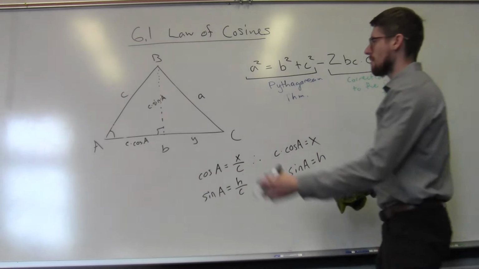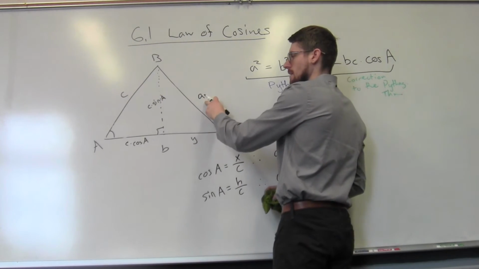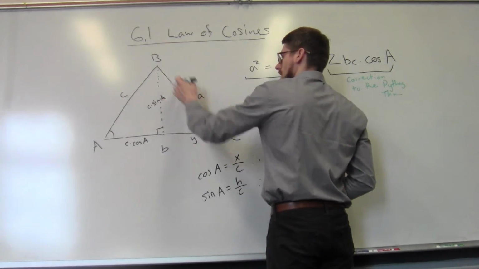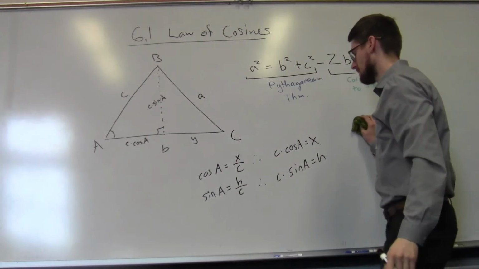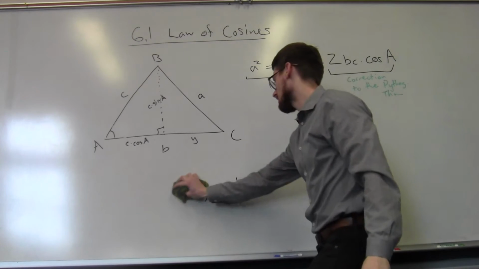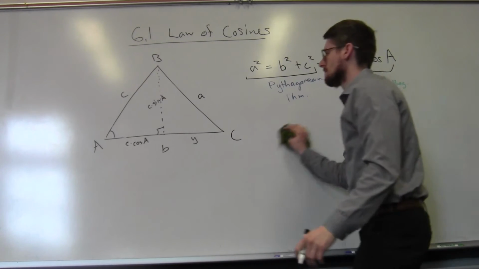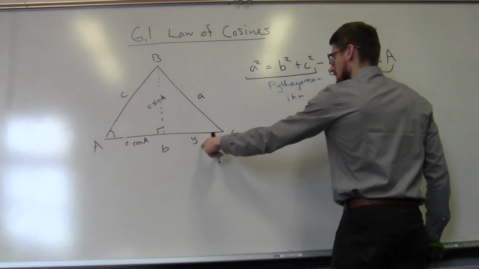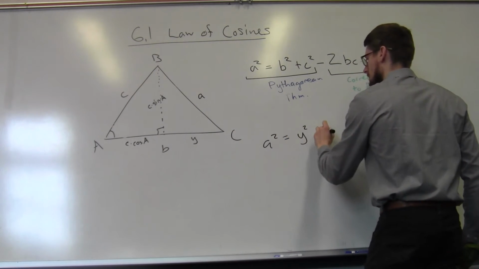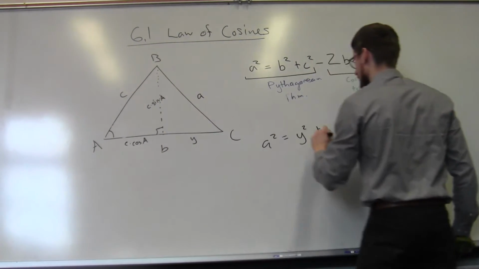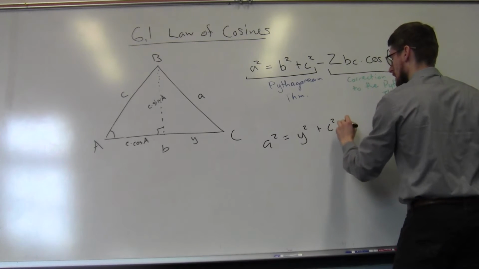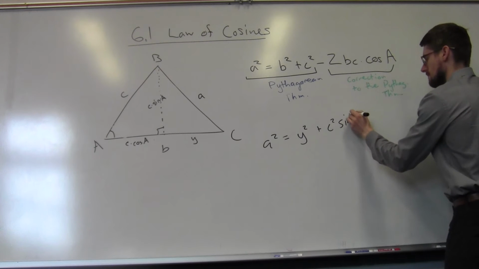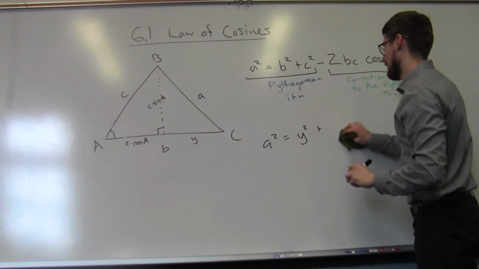So if I want to get what the length of this side is, I can use the Pythagorean theorem on this triangle over here. Okay, so let me erase this part. So we know that a squared equals this length y squared plus the height squared, C squared sine squared A. Or maybe I should just write it out.